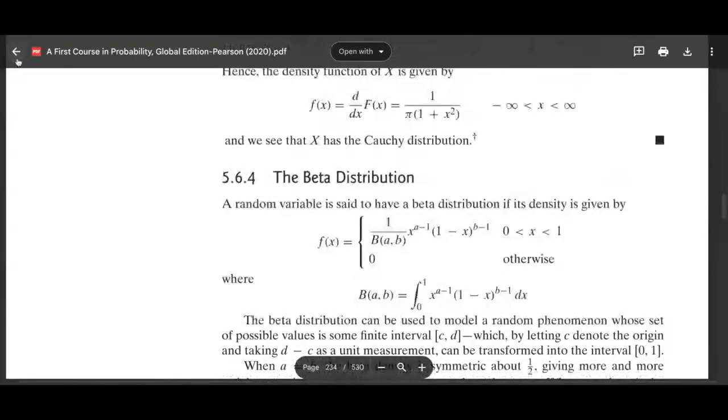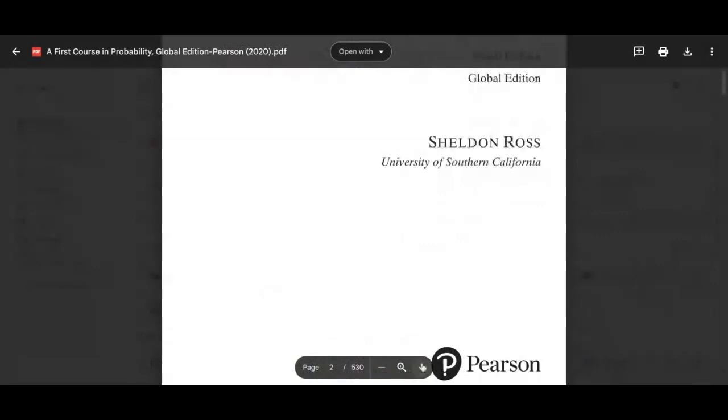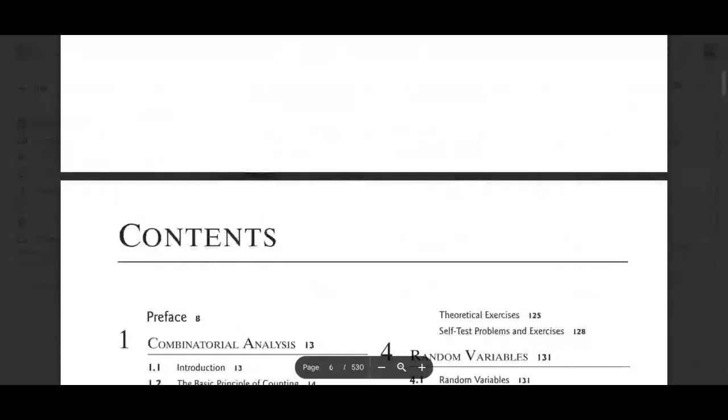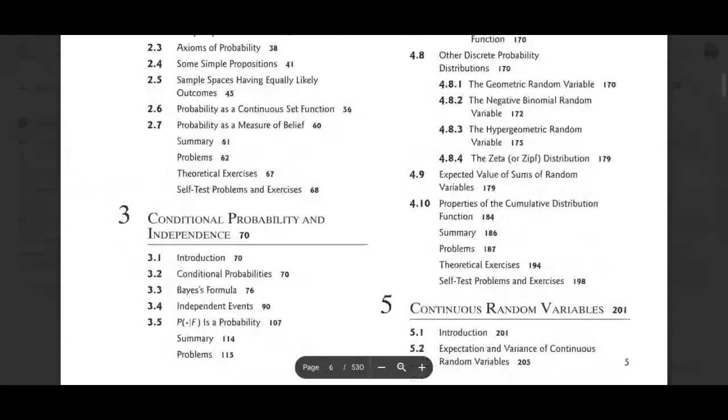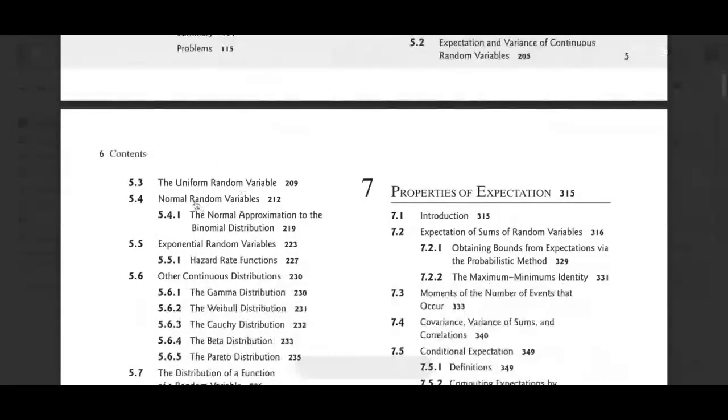So when we come back, let's see how much we have left to do. That finishes chapter 5. Chapter 5 mainly is about the uniform random variable and the normal random variable, which is super important, because of one theorem, the central limit theorem. Okay, finally I remembered.